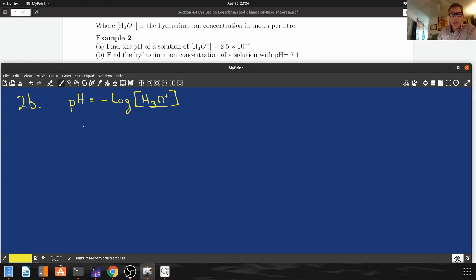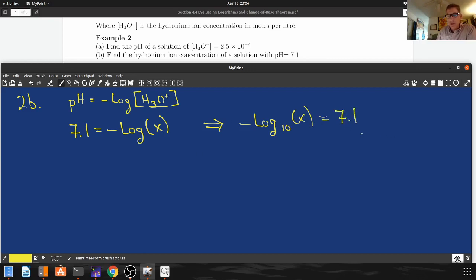So our pH is given to be 7.1. And that's minus log to the base 10 of some quantity x that I seek. So minus log to the base 10 of x is equal to 7.1. So let's multiply both sides through by a minus.